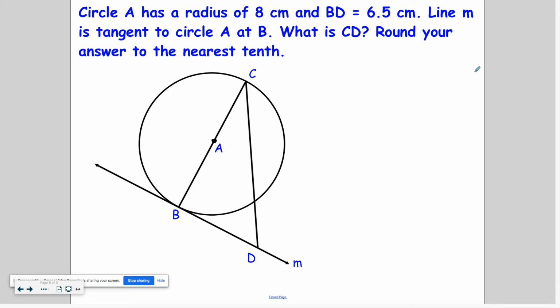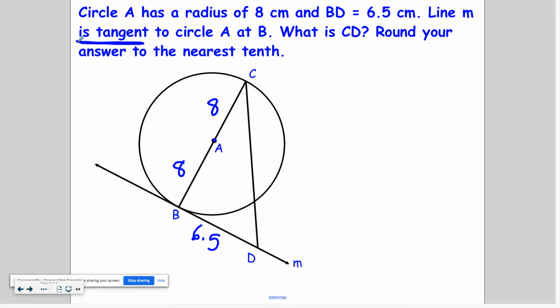Something similar. When you have these kind of tangent problems, you're always using the Pythagorean theorem. So circle A, we can see that's the center. Radius of 8, so that gives me information. It's the radius, not the diameter, so I have to double it for the diameter. BD is 6.5. And they're telling me that this one is tangent.